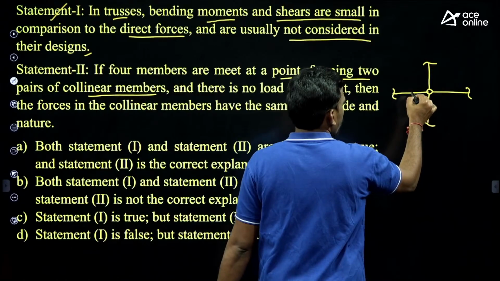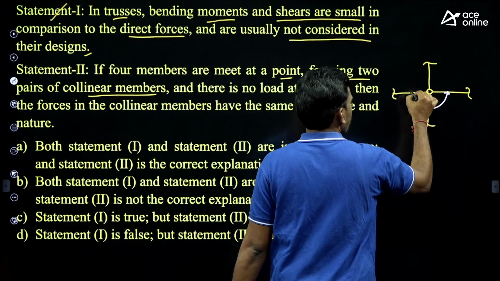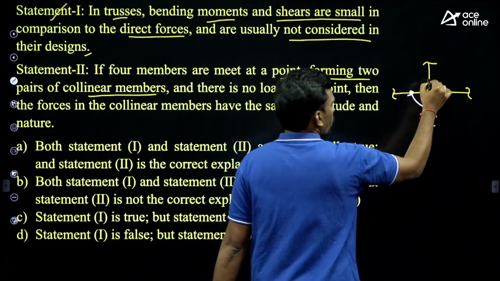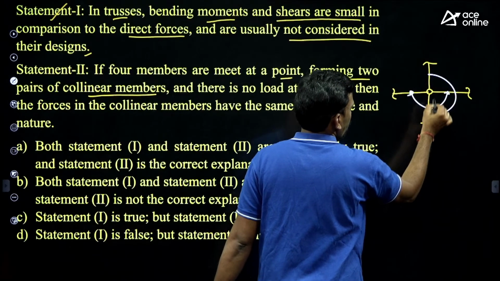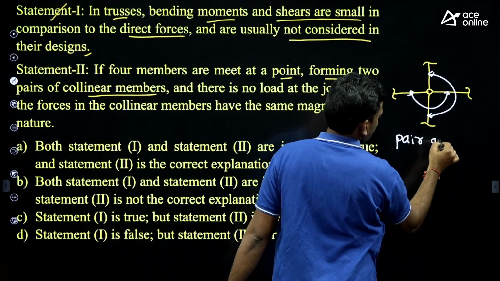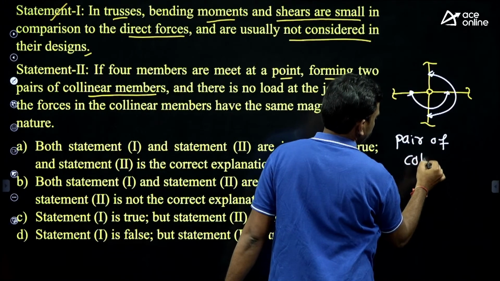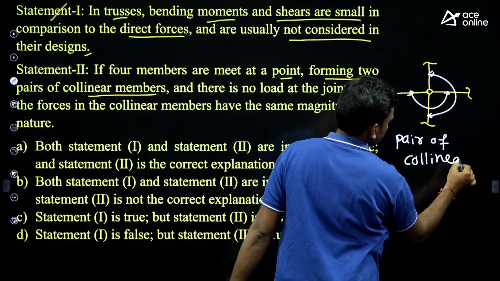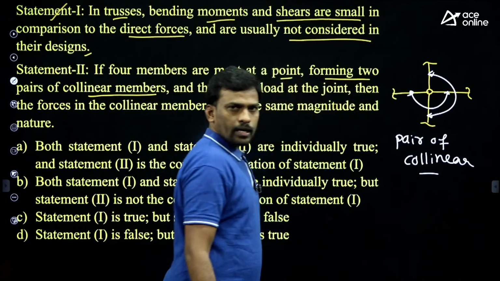Look here, these 2 are collinear, and these 2 are collinear. Now this is called a pair of collinear members.